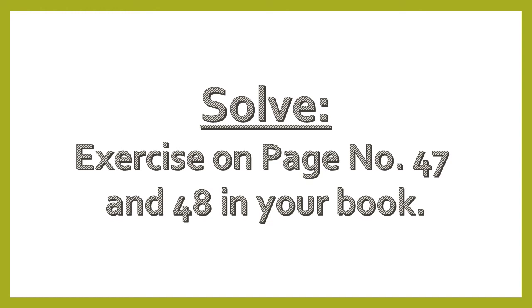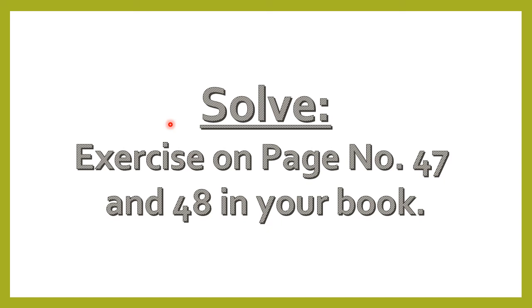Now it's time to solve a book exercise. Open page number 47 and 48 of your book and solve this book exercise. There are lots of ways to add two numbers. If you have to count on in ones, make sure you do that properly. If you have to count on in tens, make sure you do that. If it's plus 10, that means 1 ten, plus 20 means 2 tens, plus 30 means 3 tens.